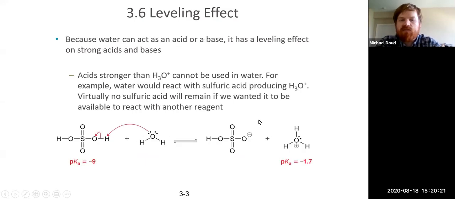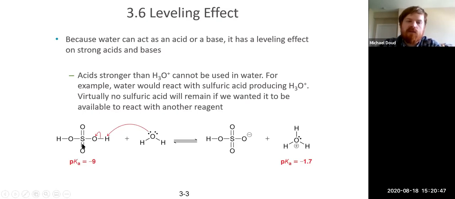So for example, another example of an acid that can't be used in water: if you look at sulfuric acid, it reacts with water to form the hydronium ion. So if you try to use sulfuric acid in water as your strong acid, sulfuric acid is going to give up its proton to water, and what you're going to end up with is hydrogen sulfate and the hydronium ion.